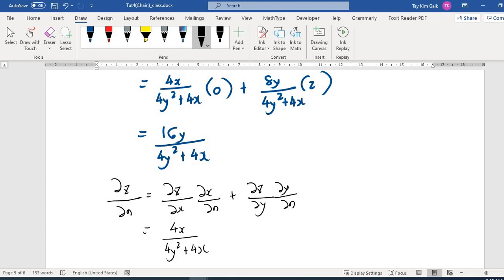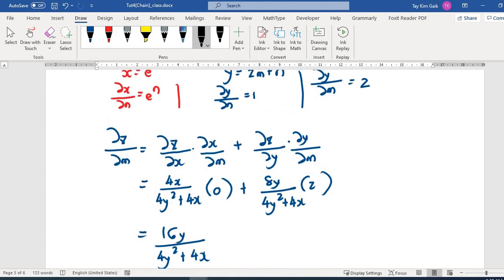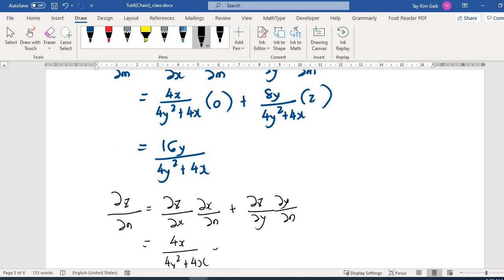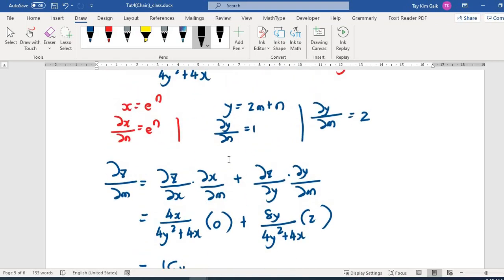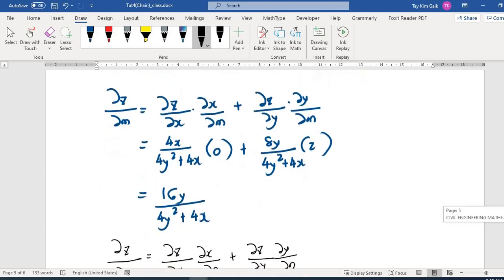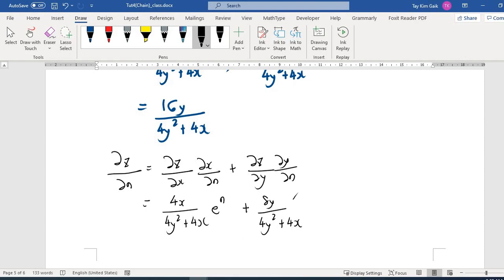Okay, del x del n, exponent n. Del z del y, 8y over 4y squared plus 4x. Okay, del y del n. Del y del n is 1.